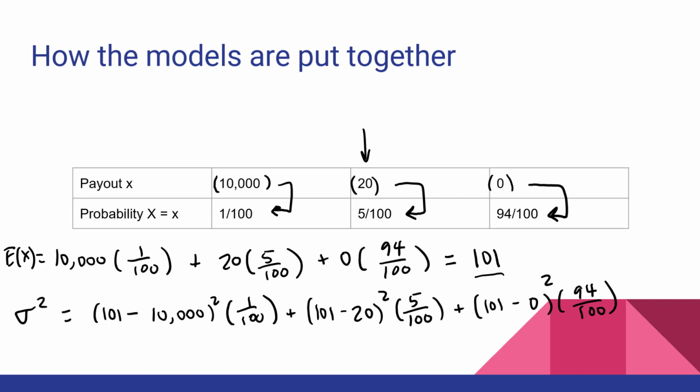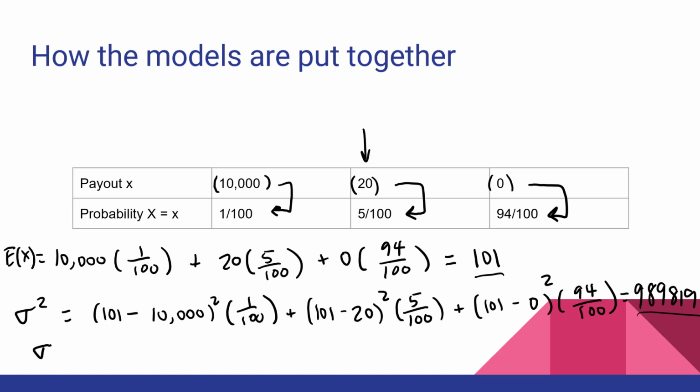And all of that is equal to a big number. It is equal to 989,819. So that is our standard deviation squared, our sigma squared, which can also be called the variance of the data. Now that we have found the variance, we just need to take the square root of it to get our standard deviation.